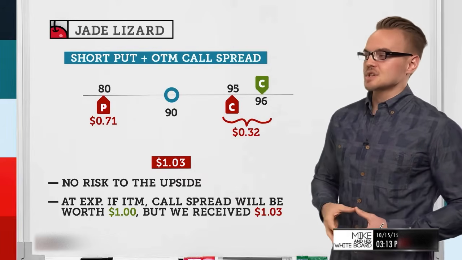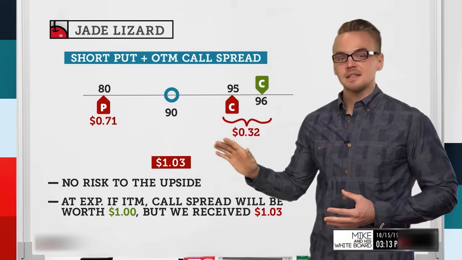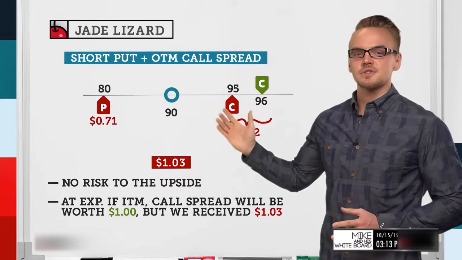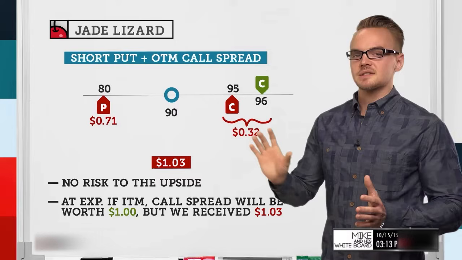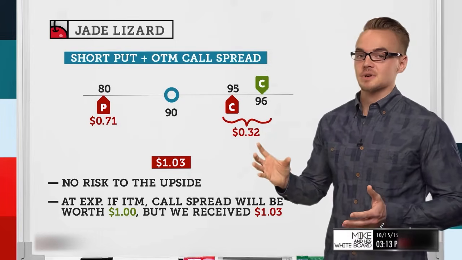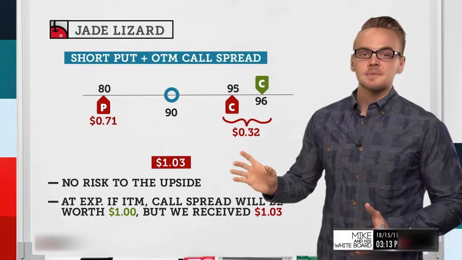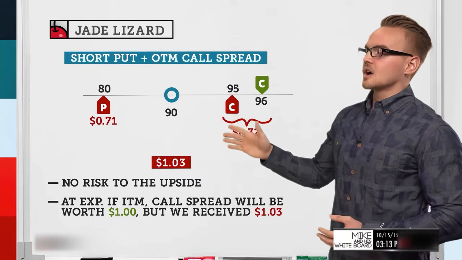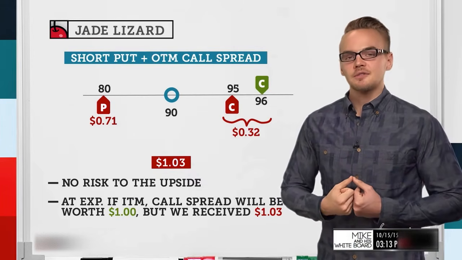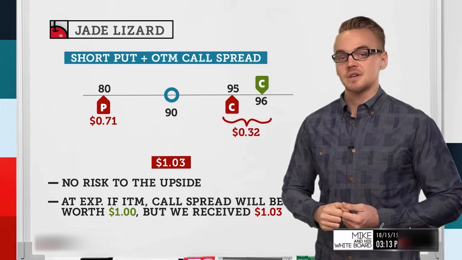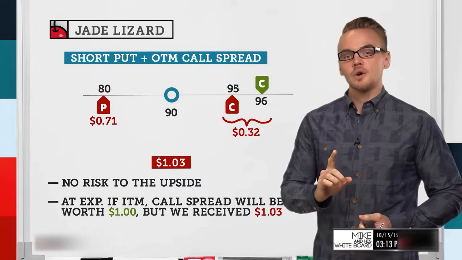So at expiration, if the call spread's in the money, so let's say the stock price goes to 100 or 105 or 110, it doesn't really matter. As long as this call spread is in the money at expiration, we're going to have no risk to the upside. So again, if the call spread is in the money, we're going to have to buy that call spread back for $1 at expiration. However, we collected 103.